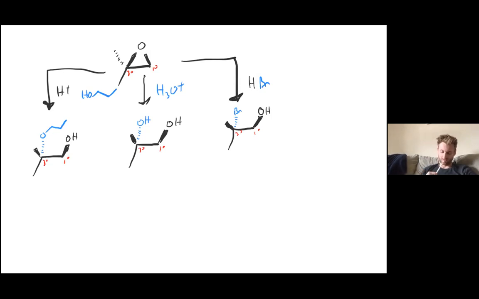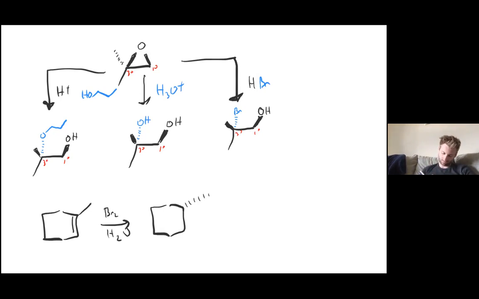Kind of going back to our epoxide opening or generating our epoxide. So when we added Br2 and water, we generated our alcohol in our more substituted position, Br in our less.